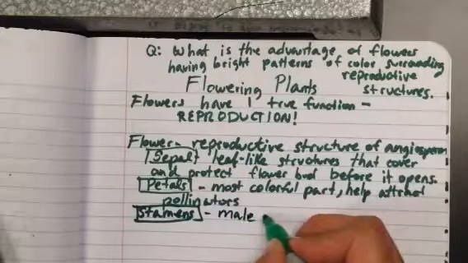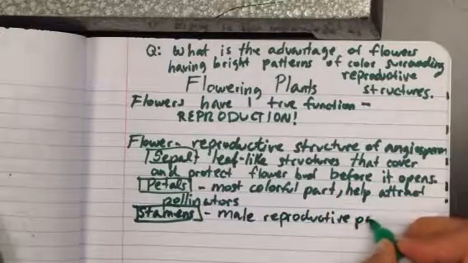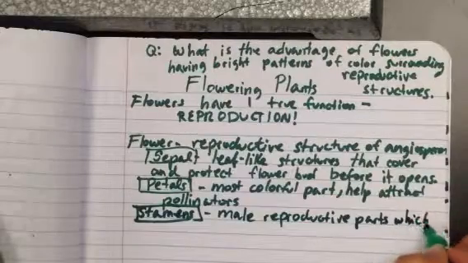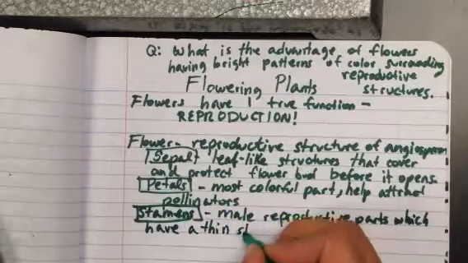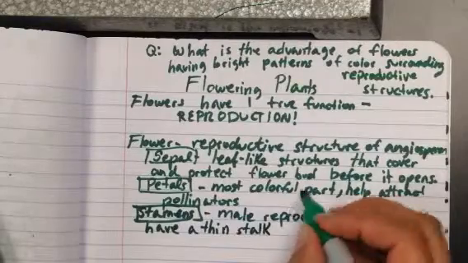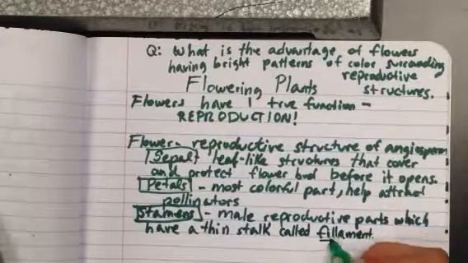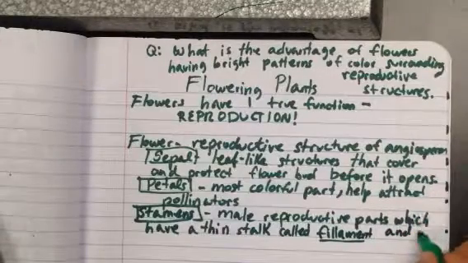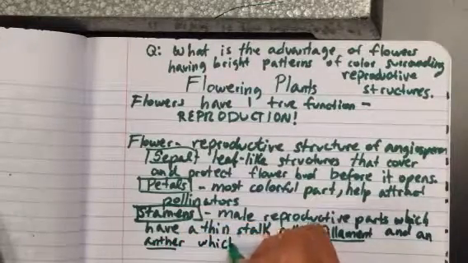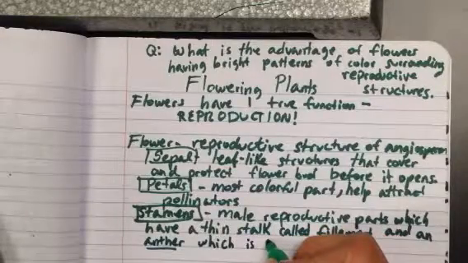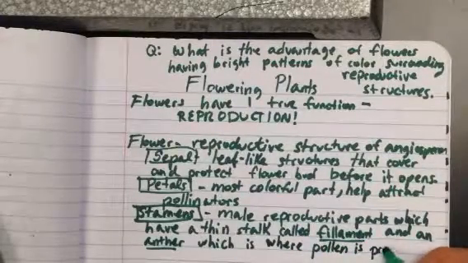So this is the male reproductive parts, which have a thin stalk called a filament, and an anther, which is where the pollen is produced.